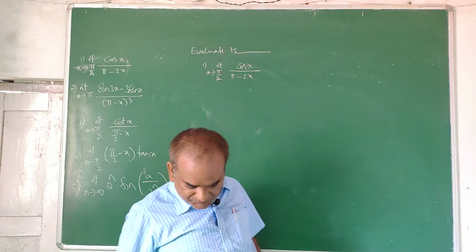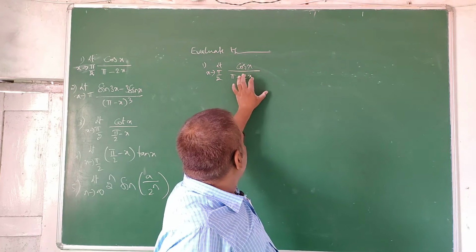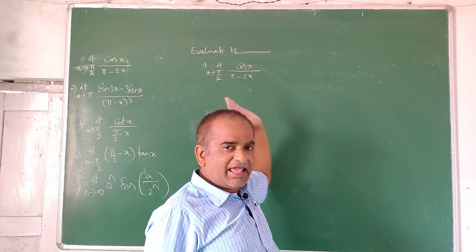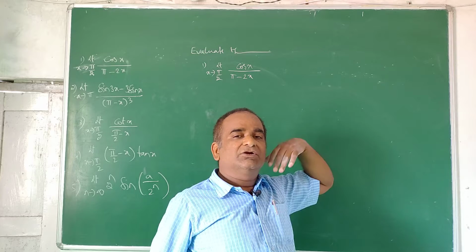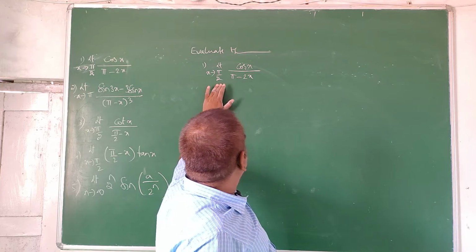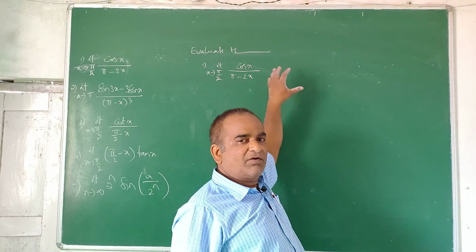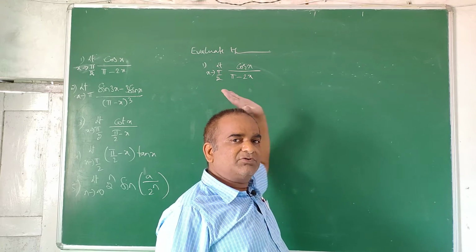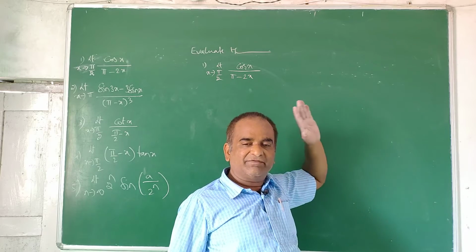Here this expression involves a trigonometric function in x, where x is tending to a, where a is not 0. So x is approaching a non-zero quantity. How do we evaluate such limits? This is our central idea.